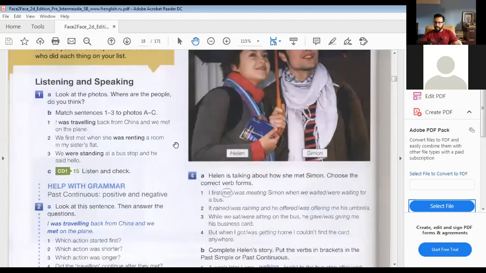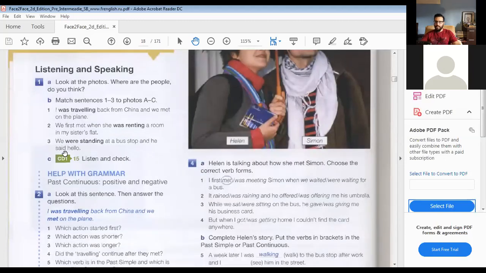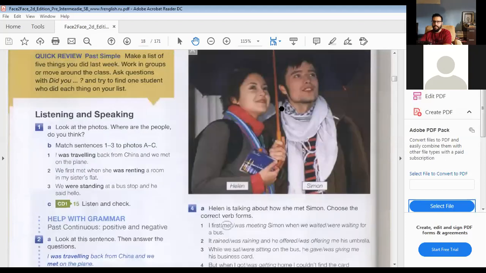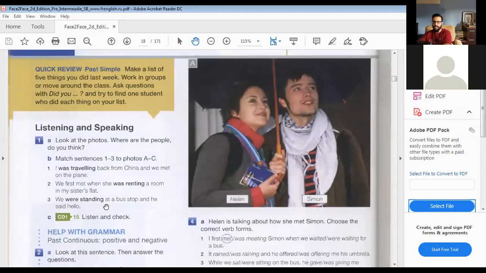Last time in the story, we decided that number 3, because we did the matching exercise first, when we matched the people to the photos, was their story. We were standing at a bus stop, and he said hello. So this is how Helen and Simon met. This is how it all started, right?